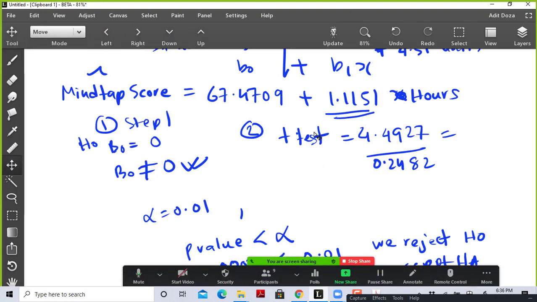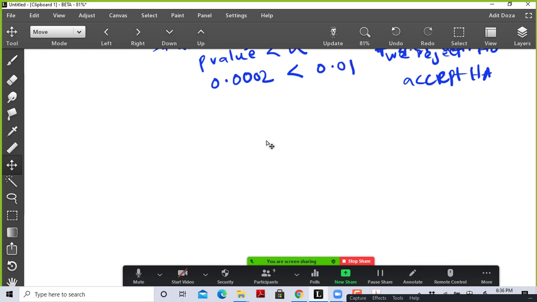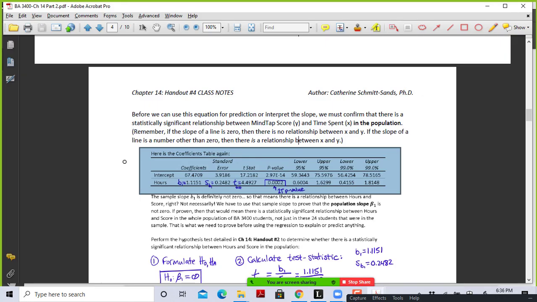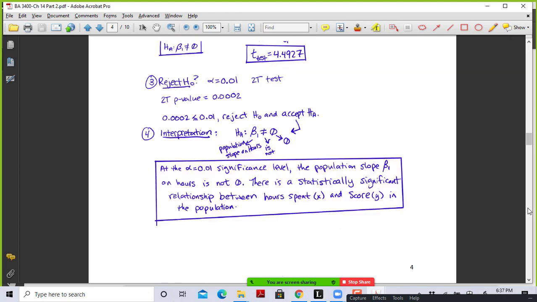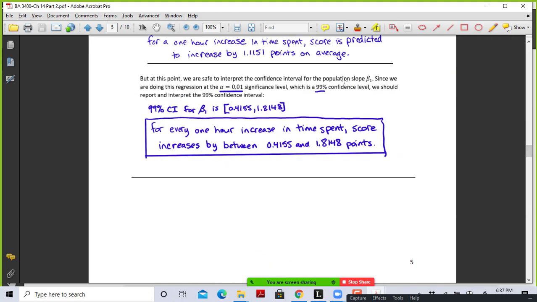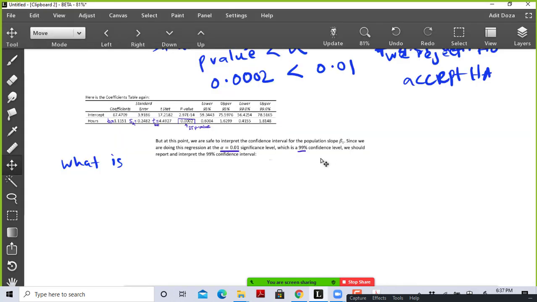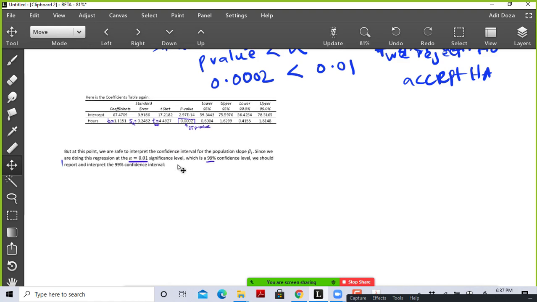It's a very easy exam. It is very difficult to make mistakes there, I think. The structure of the question will be exactly like this. Here I asked for the 99% confidence interval. Since we are doing regression, what is the 99% confidence interval for slope beta 1?